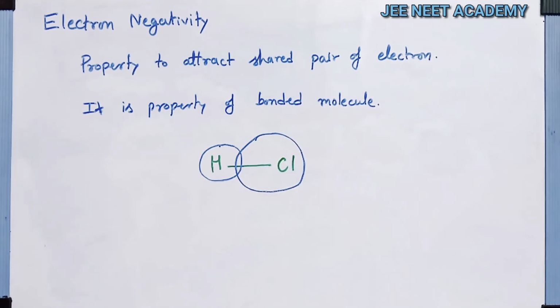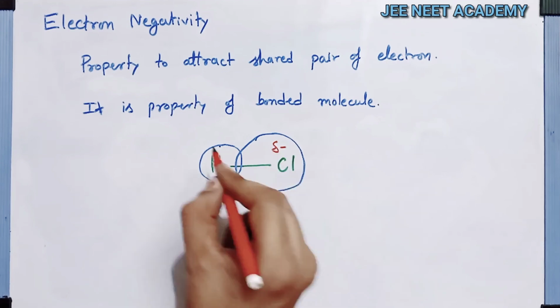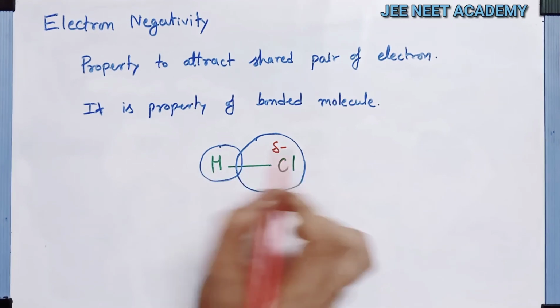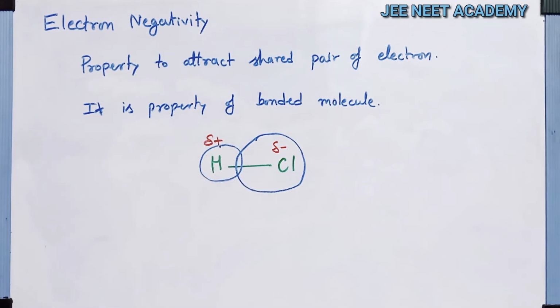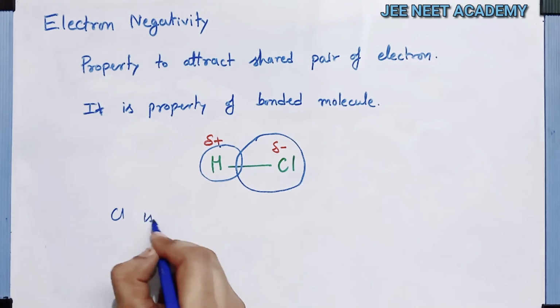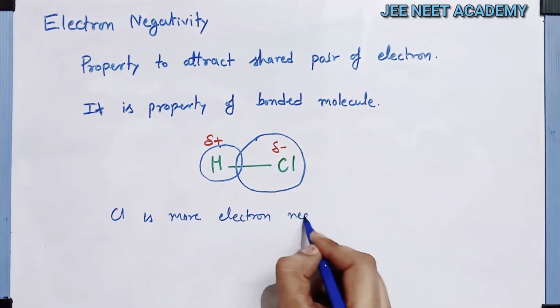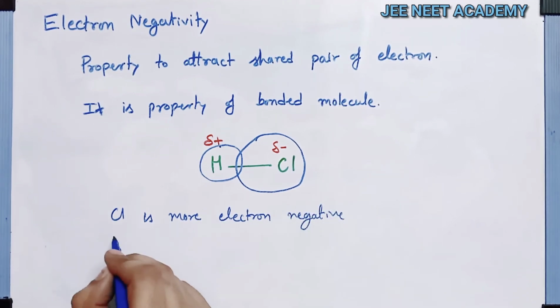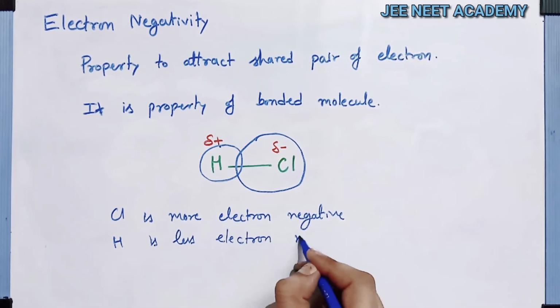Because chlorine's electronegativity is more, it will have a partial negative charge, and hydrogen is less electronegative compared to chlorine, so it will have a partial positive charge.